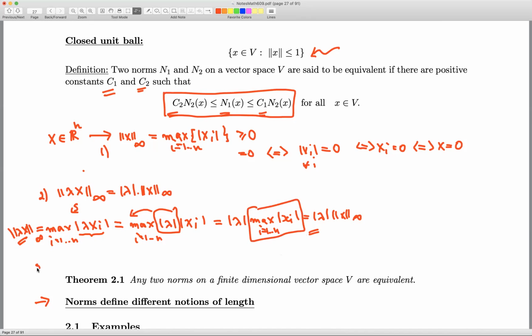Now to show the third condition. The third condition was the triangle inequality.